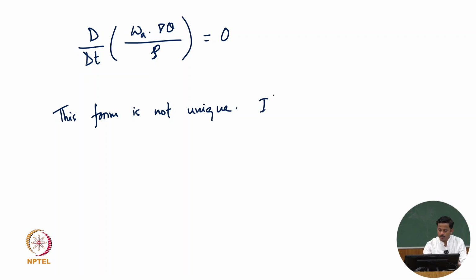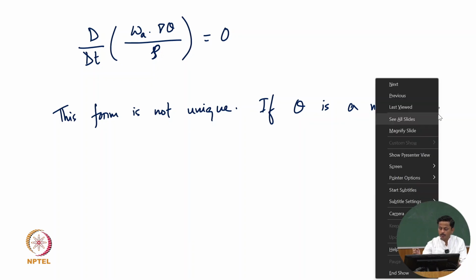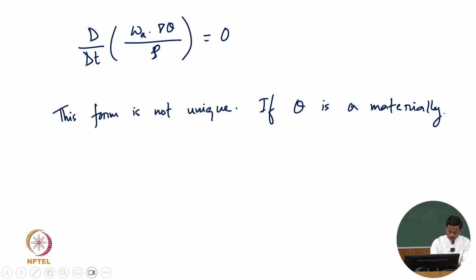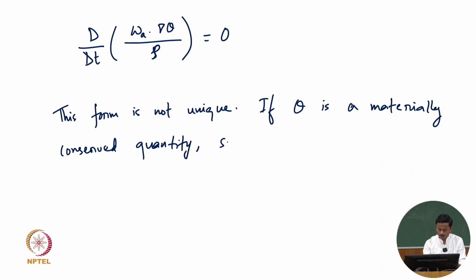If theta is a materially conserved quantity, so is any function of theta. If theta is conserved, any function of theta is also a conserved quantity.